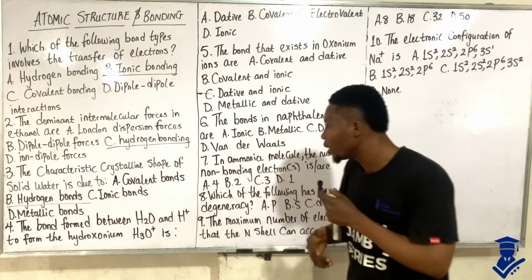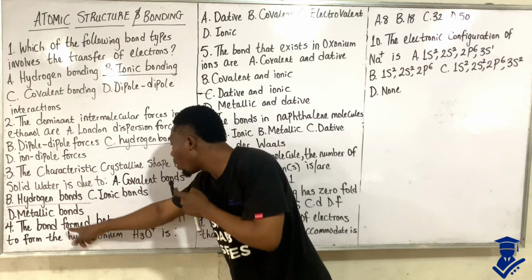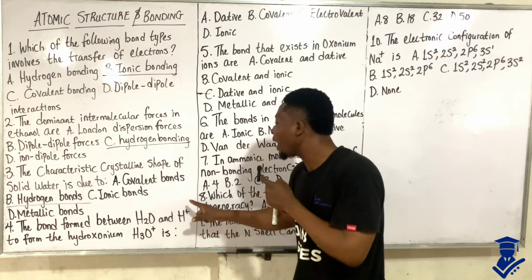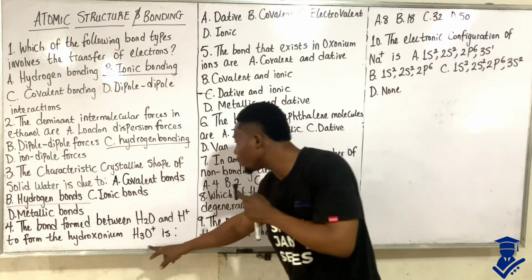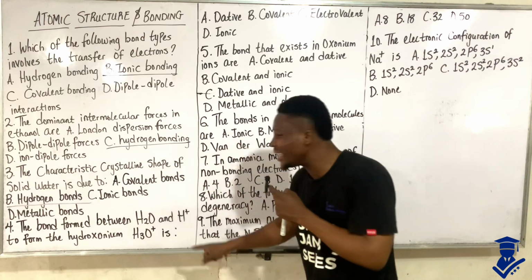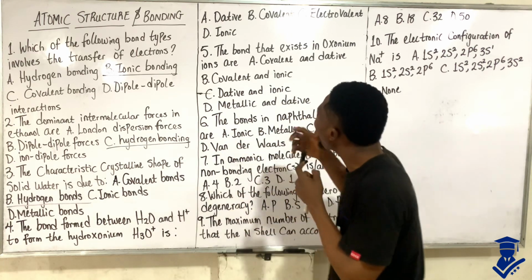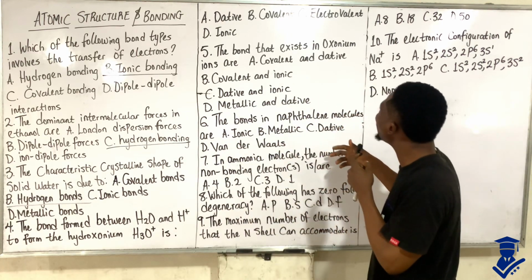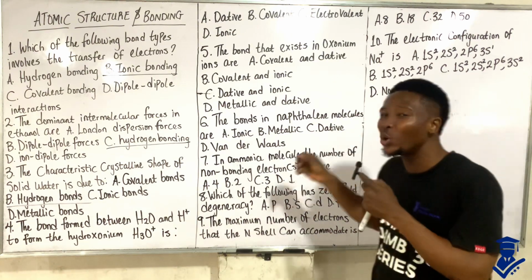Now the next question says the bond formed between H2O and H plus to form hydronium ion H3O plus is: A, dative bond, B, covalent bond, C, electrovalent bond, and D, ionic bond.